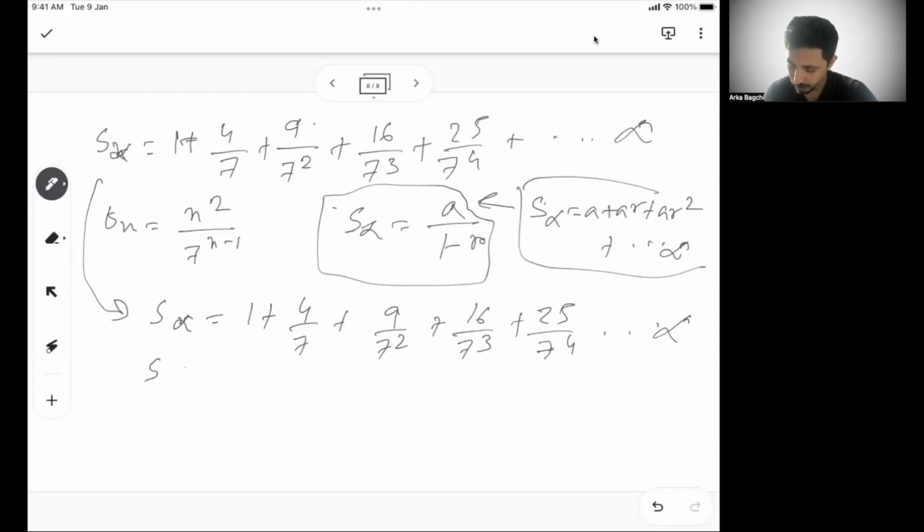Now I can write the same infinite term, just multiplying it by 1 by 7 and start writing, leaving the first one. Since it's infinite terms, if I leave the first one, it will not change. So my first term will become 1 by 7. So instead of writing 1 by 7 right below 1, I write it right below 4 by 7. That is, I shifted it one place to the right.